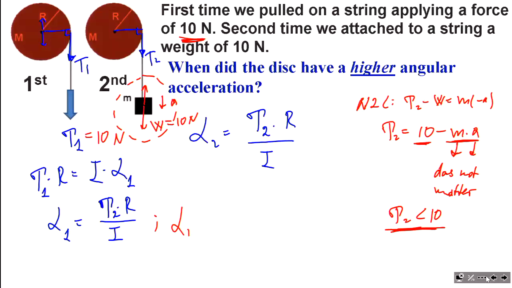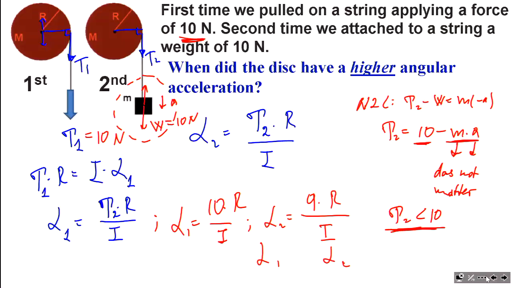So alpha 1 will be equal to 10 times r over I. And alpha 2 will be equal to something less than 10. You can just pick a number, let's say 9 times r over I. So we need to compare two numbers.